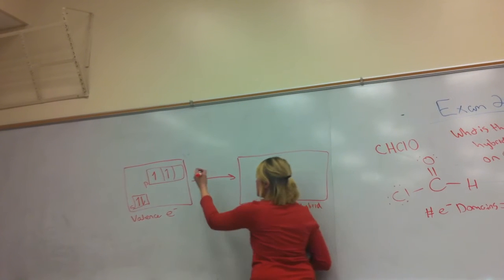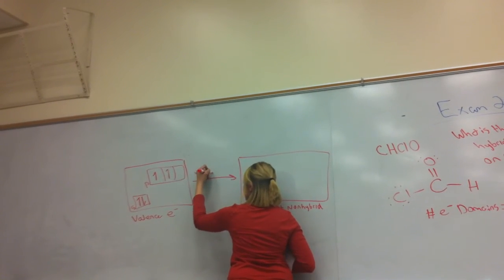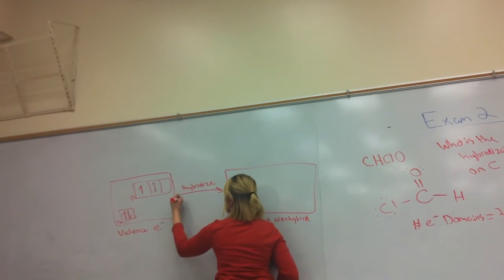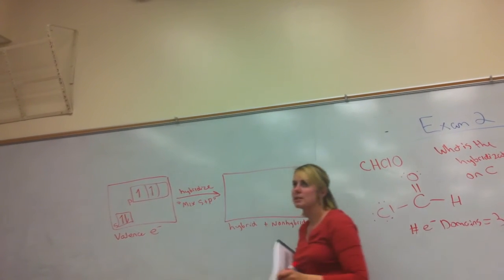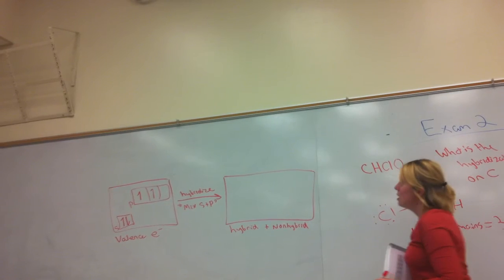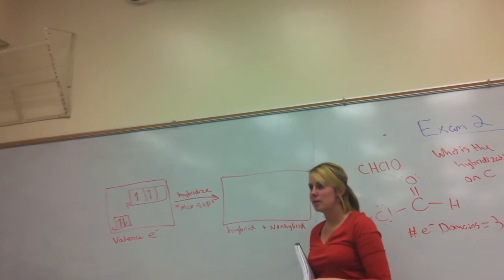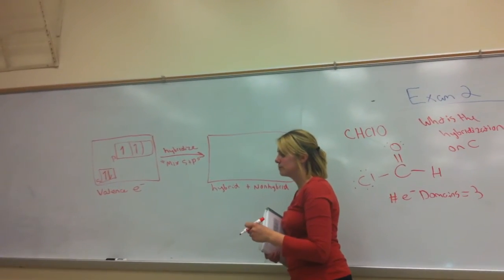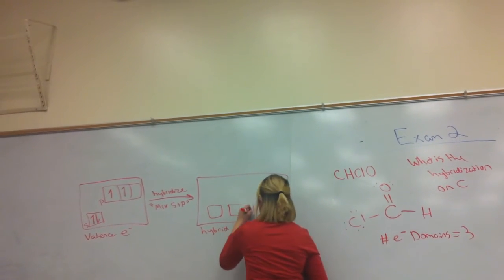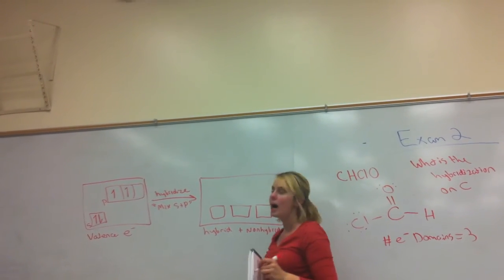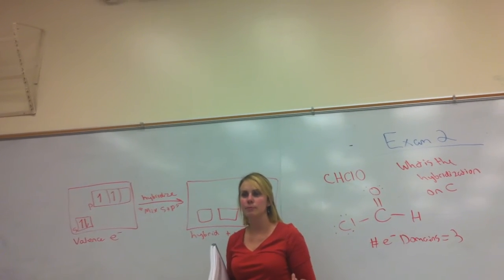Next, I'm going to hybridize. This just means mix s and p. So I'm just going to mix my s and p electrons. How many hybrid boxes should I create? 3, right? I have 3 electron domains. I better create 3 hybrid boxes. How many boxes do I have left over? 1.